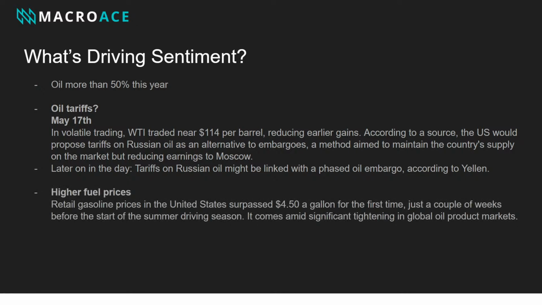But if we look at other areas too, we had the retail sales data yesterday that has shown that retail gasoline prices in the US have passed $4.50 a gallon for the first time, just a couple of weeks before the start of the summer driving season. And that came amidst, again, significant tightening in the global oil product markets.